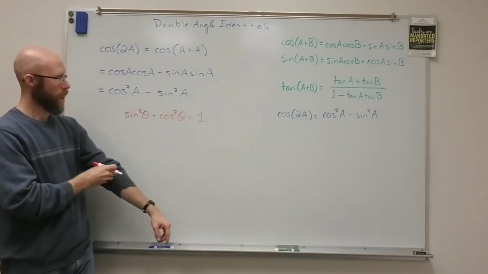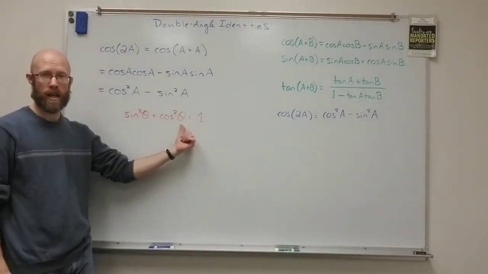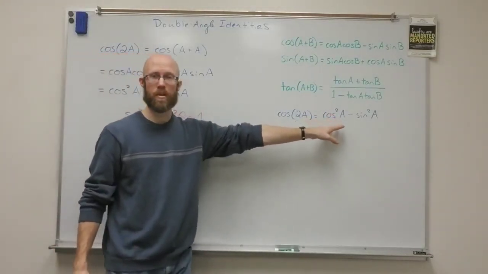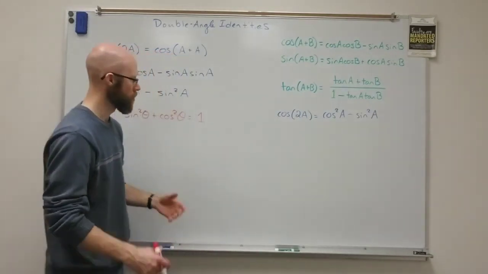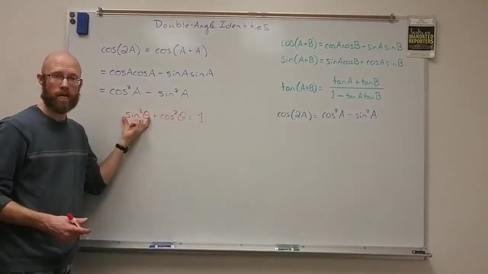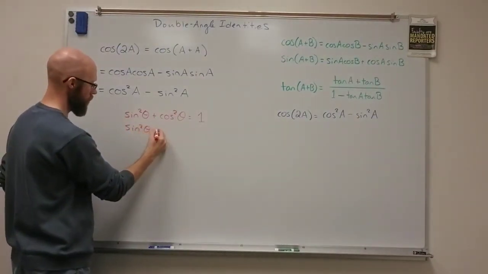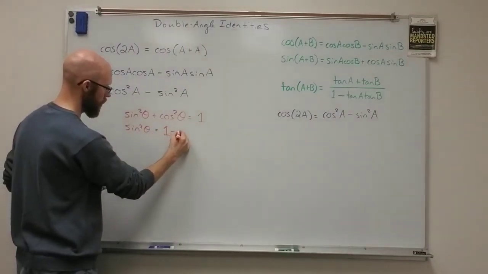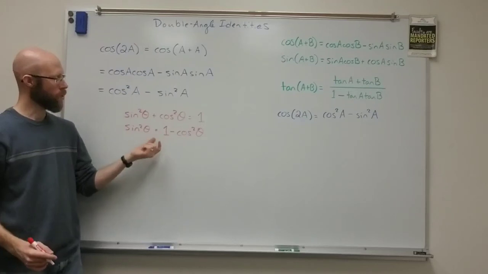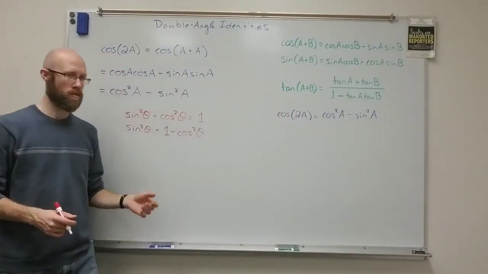And so I could solve this equation, this Pythagorean identity, for either the sine squared or the cosine squared and substitute it into this formula. So let me go ahead and do that real quick. Let's say I solve for the sine squared. That means I would subtract the cosine squared from both sides. You'd have 1 minus the cosine squared of theta. Or theta, or a, whatever the angle is, it doesn't matter the variable there.